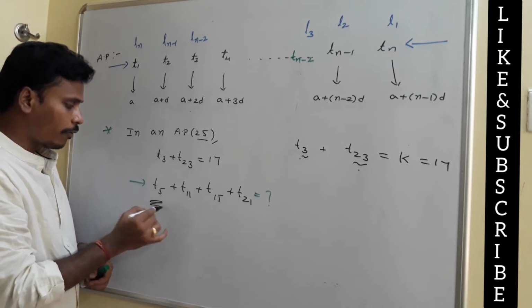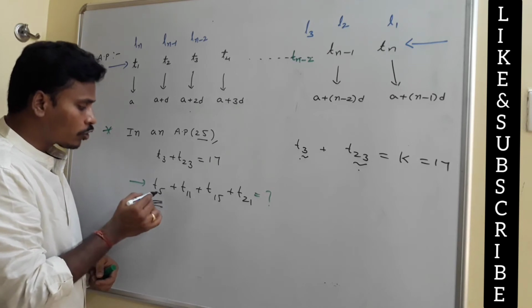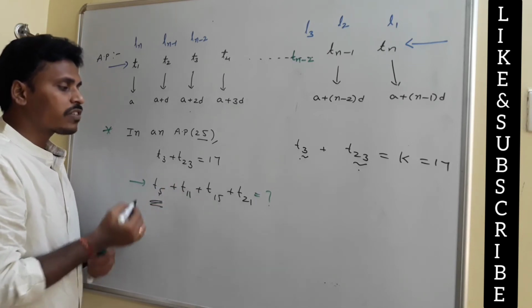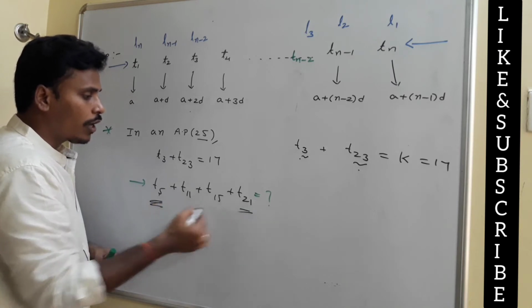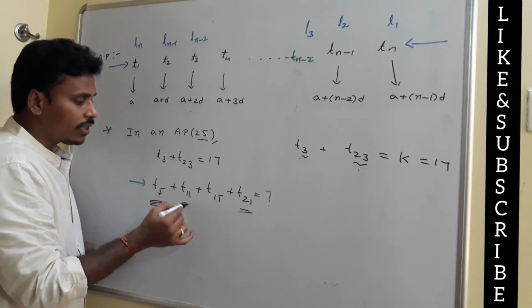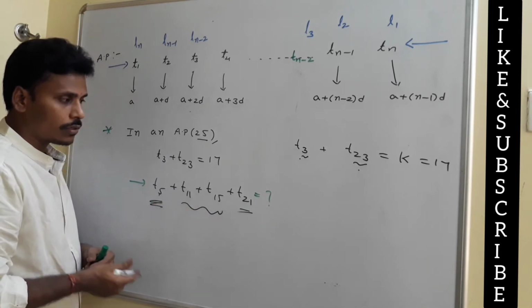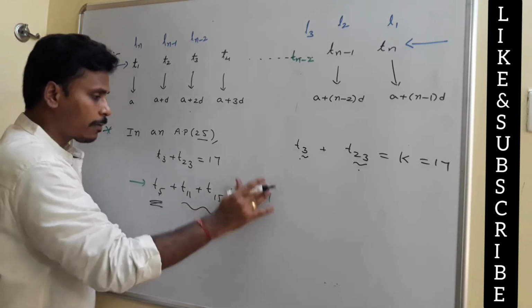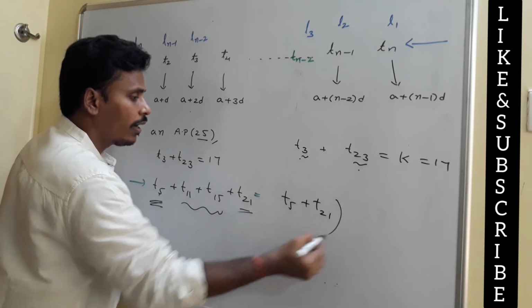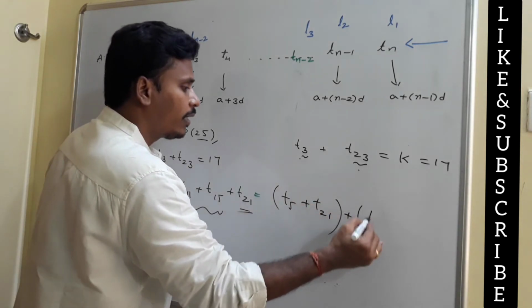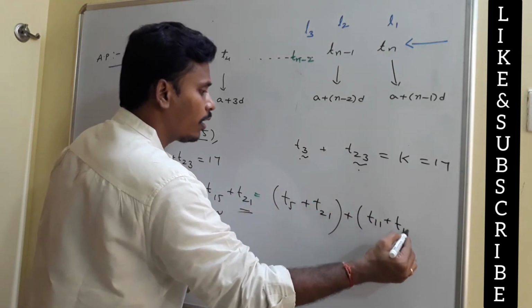This is T5, and I need to search for a number whose suffix sum with 5 is 26. In such a manner, T21 is the required number, and again T11 and T15 are the required ones. So you just rewrite this as T5 plus T21 in one group and T11 plus T15 in the other group.